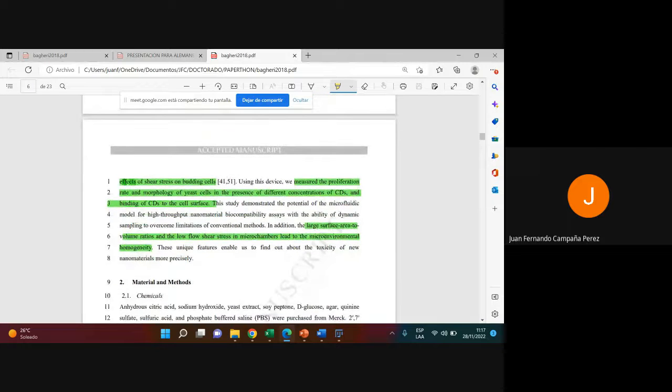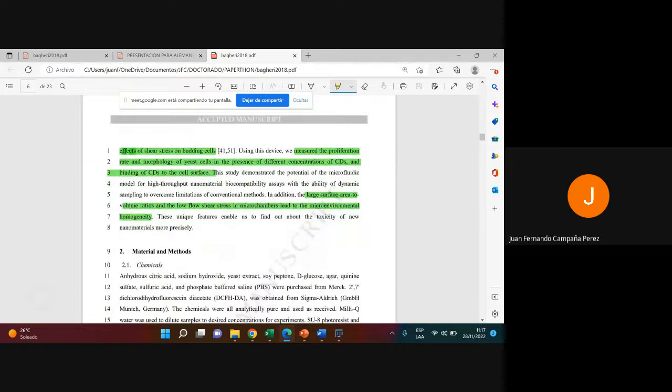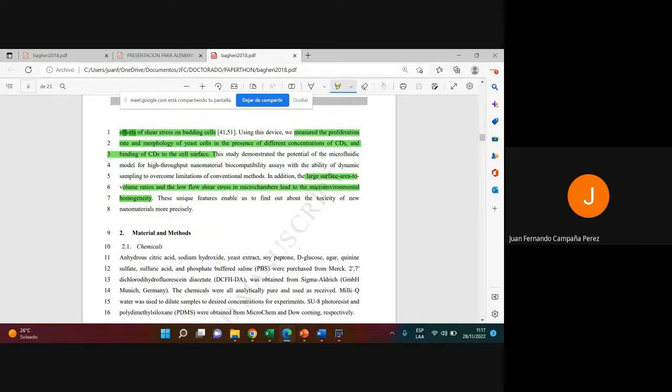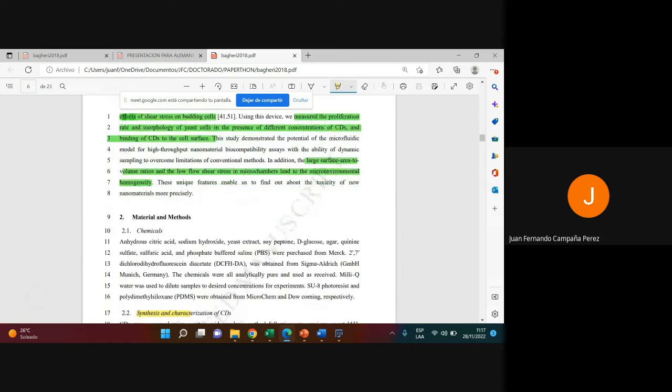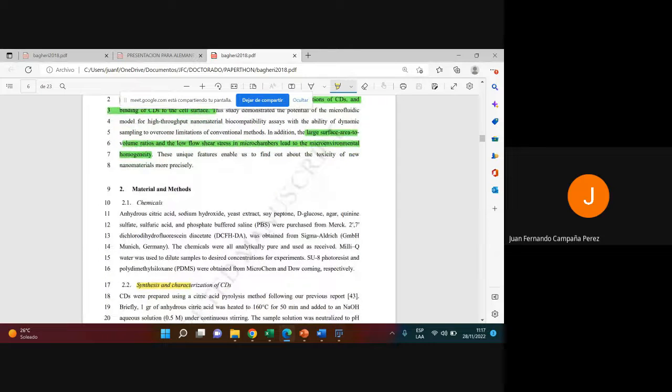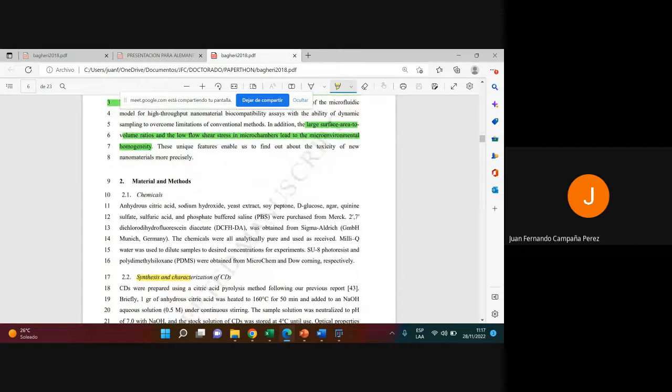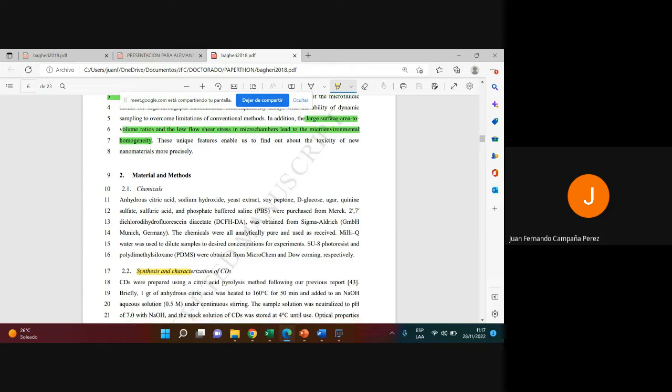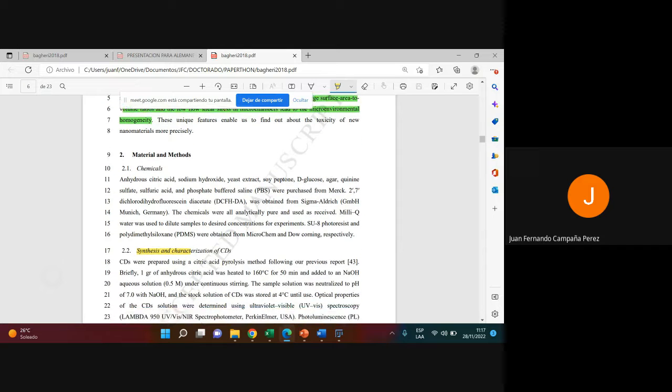And they measured the proliferation rate and morphology of the yeast cells in the presence of different concentrations of the carbon dots and the binding of these carbon dots on the cell surface. And they found that the large surface area to volume ratios and the low flow shear stress in microchannels lead to microenvironmental homogeneity.